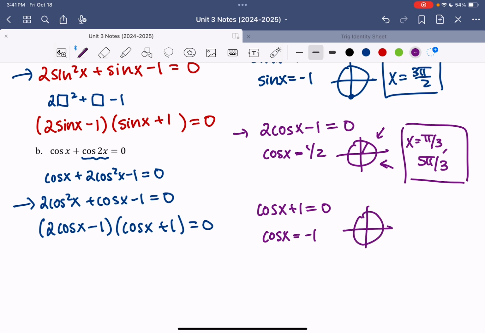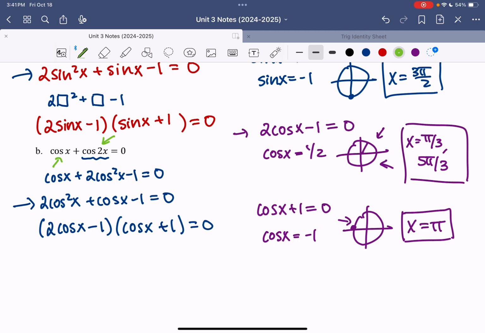There's only one place that cosine of x is equal to -1 within this interval, and that's at pi. Okay, again, checking extraneous solutions. I think we're in the clear though, because both of these terms before were cosines, which is always defined for all values. So we're good there.